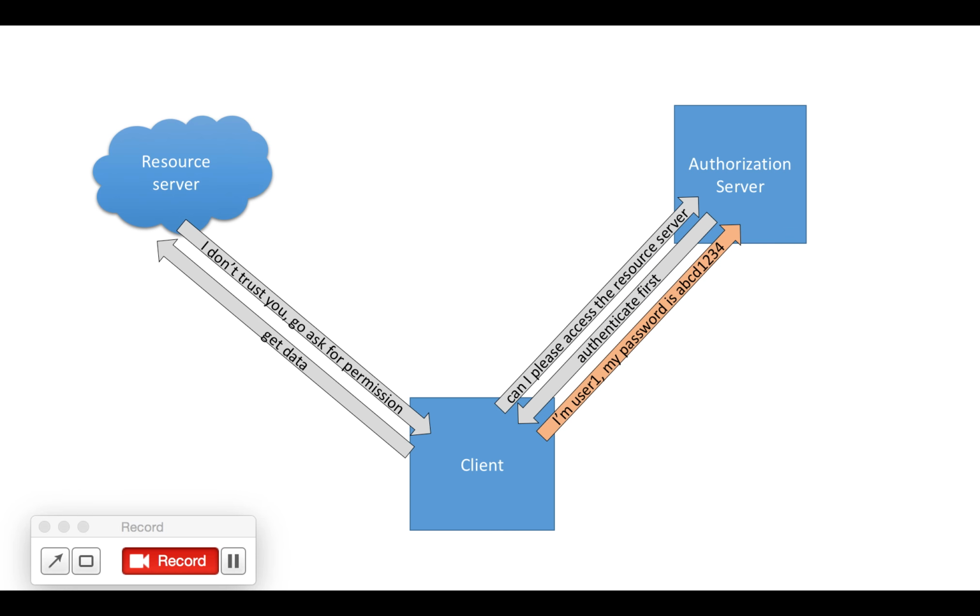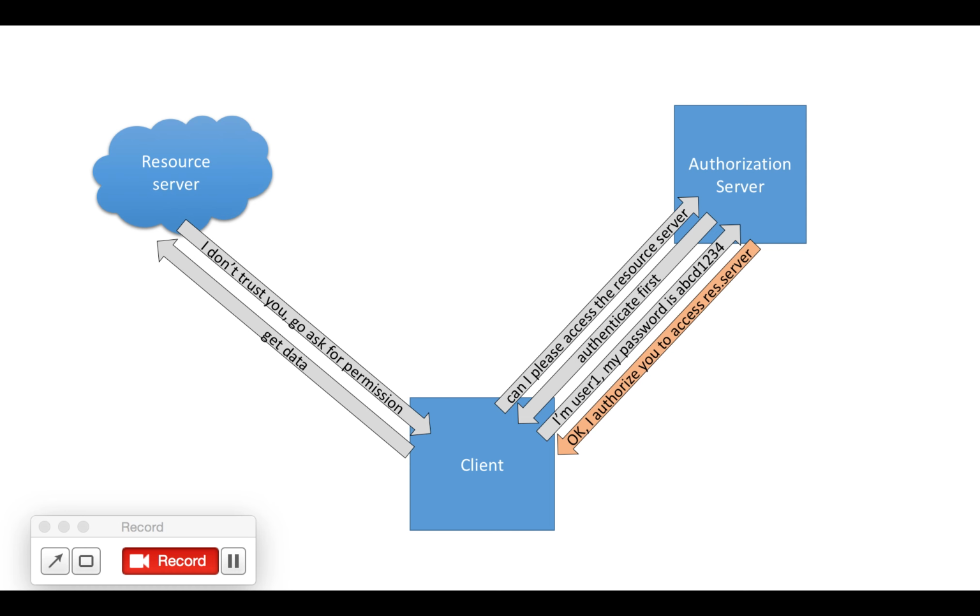He's saying, I'm user 1, my password is ABCD1234, okay? So once credentials are validated, authorization server will authorize client to access that resource server. Okay, it will tell him, okay, I authorize you to access resource server, and talking a little bit more technically, it will create an access token for client to use.